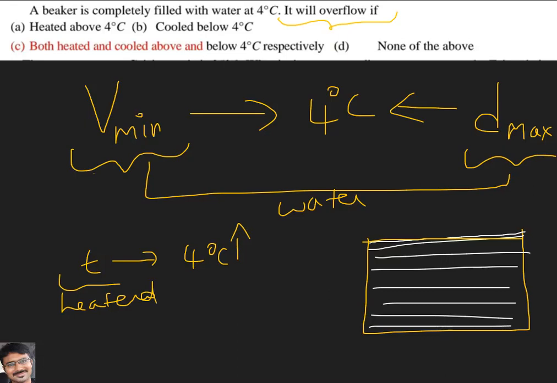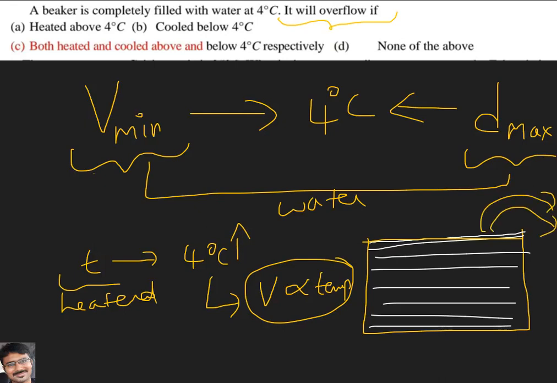So after 4 degrees centigrade, the volume of water will increase with temperature. Volume increases means it overflows. But at 4 degrees centigrade, the minimum, it stays there.